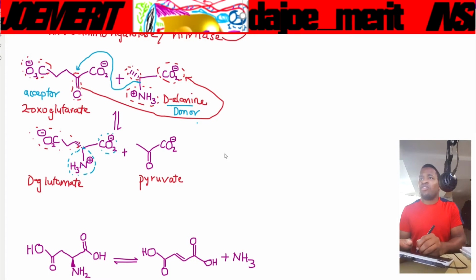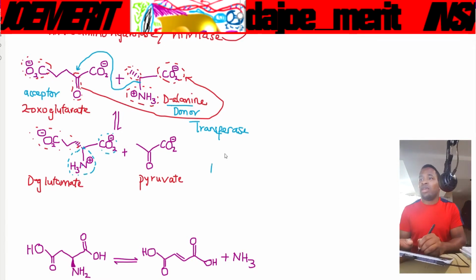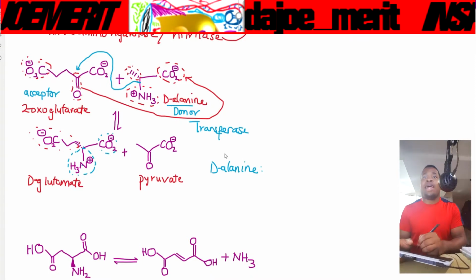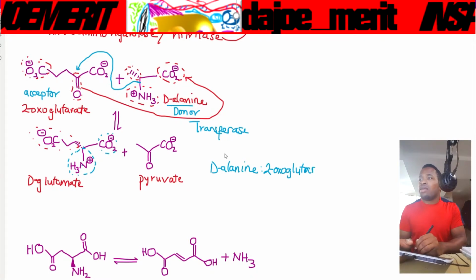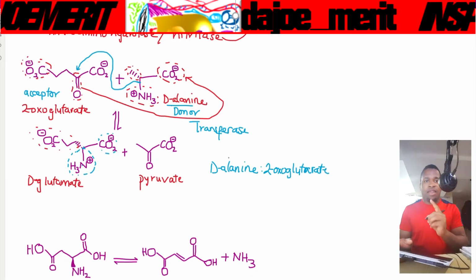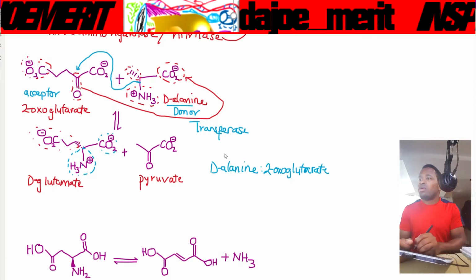So once you're able to identify that transferase, then you can identify the donor species, which in this case is called the D-alanine, and then the acceptor, which is 2-oxoglutarate, and then don't forget the group that is involved in this particular action or movement, which is called the amino group.